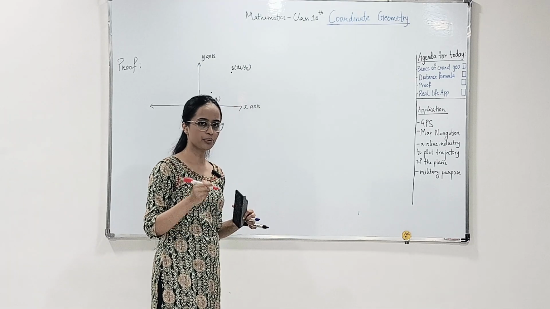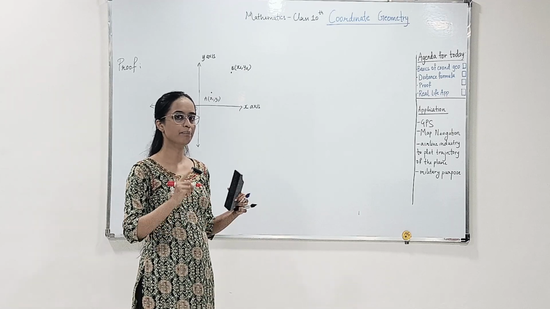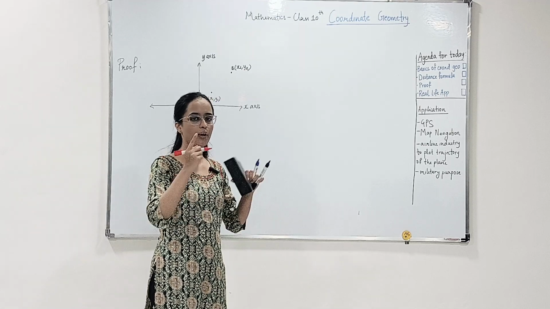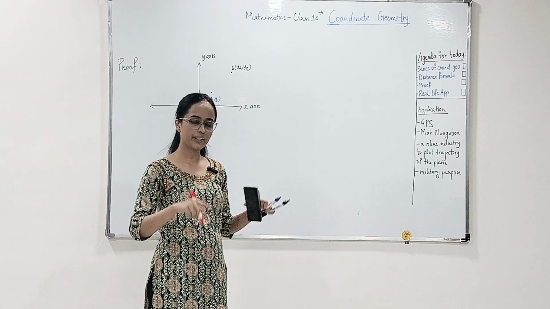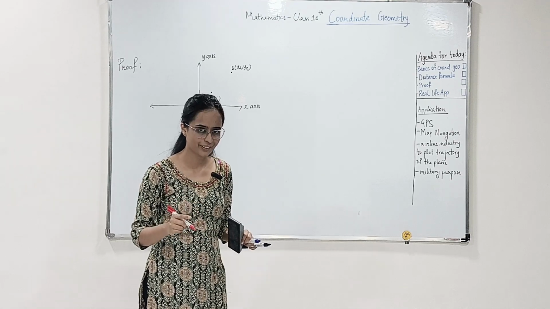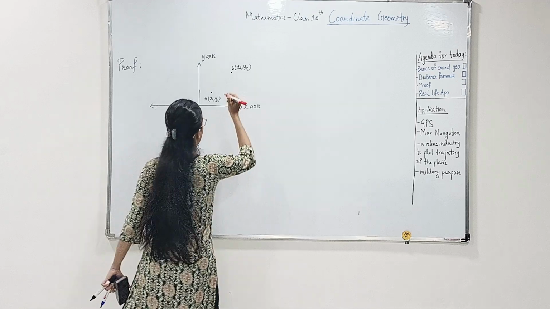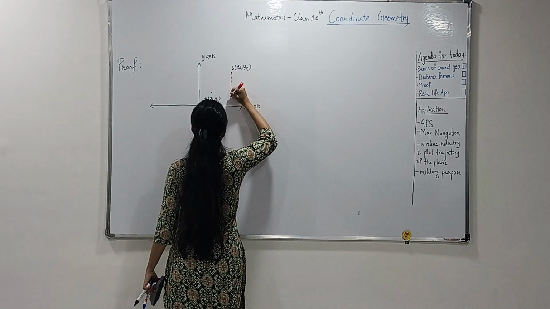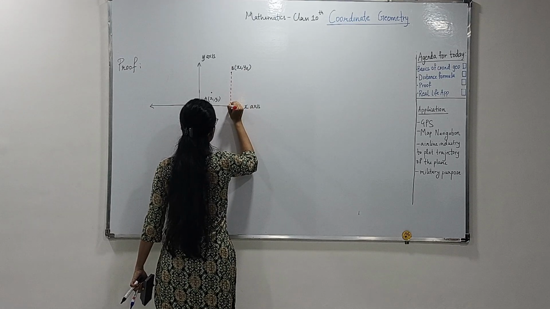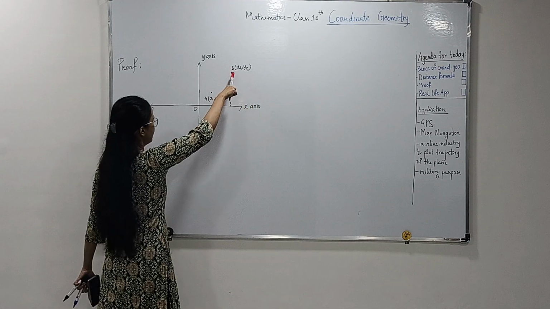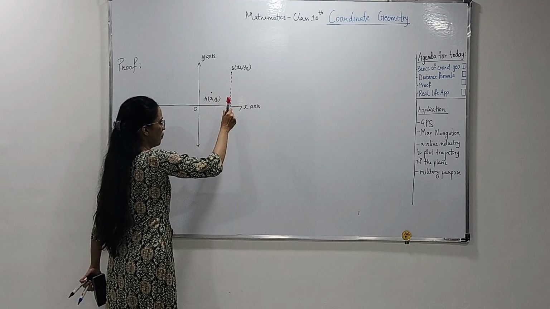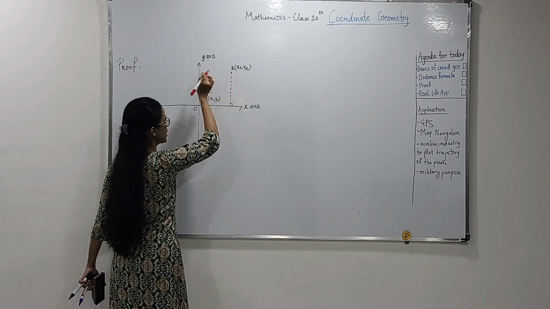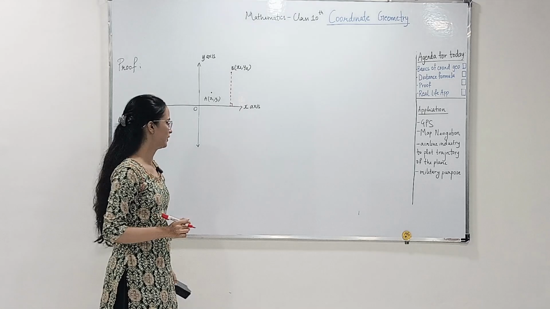That is, we have to draw a line parallel to y-axis and passing through point B. At the same time, it should be perpendicular to x-axis, meaning I have to drop a perpendicular from point B on x-axis, such that this line is perpendicular to x-axis and it is parallel to your y-axis.